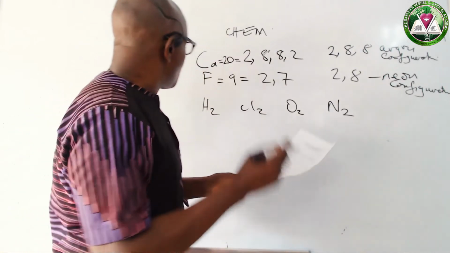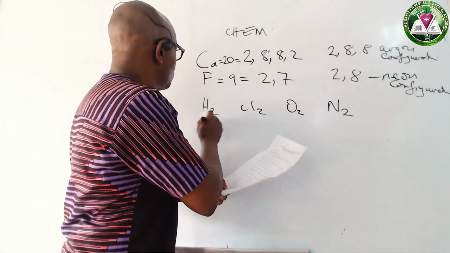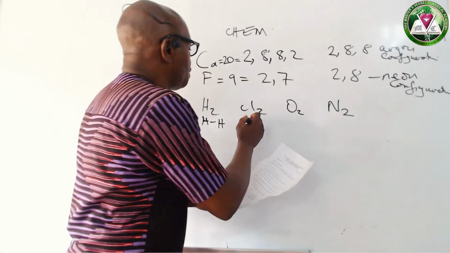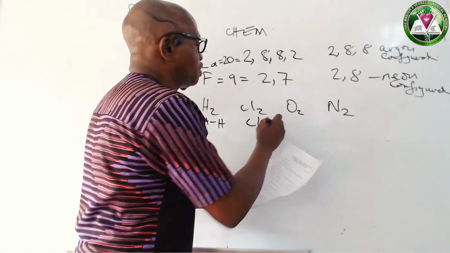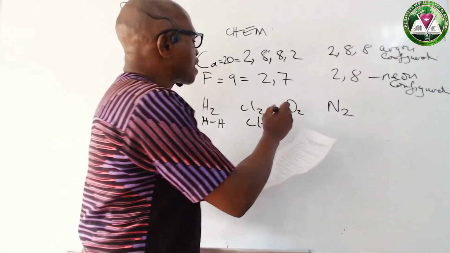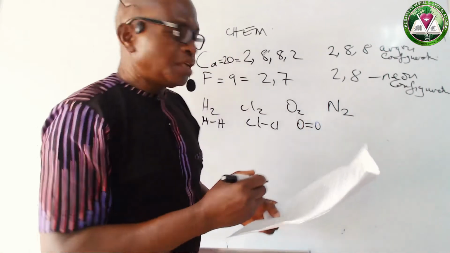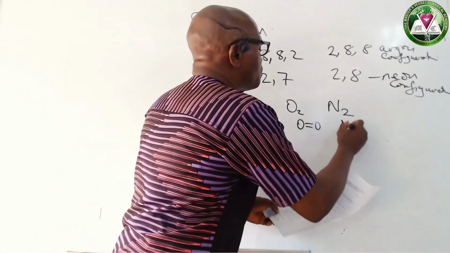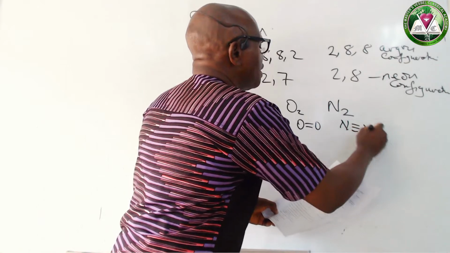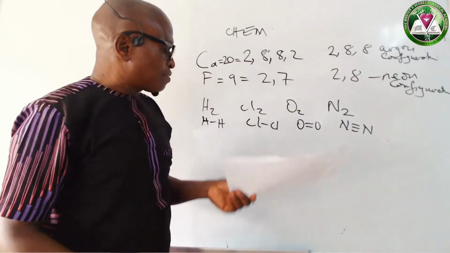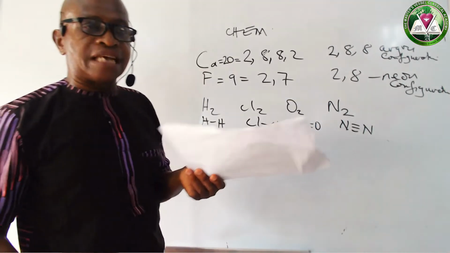If you look at hydrogen, it's a single bond that is holding it together. If you look at chlorine, it's a single bond. If you look at oxygen, it's a double bond. If you look at nitrogen, it's a triple bond. Ordinarily, my student, I believe that with this explanation, you can get the answer directly.